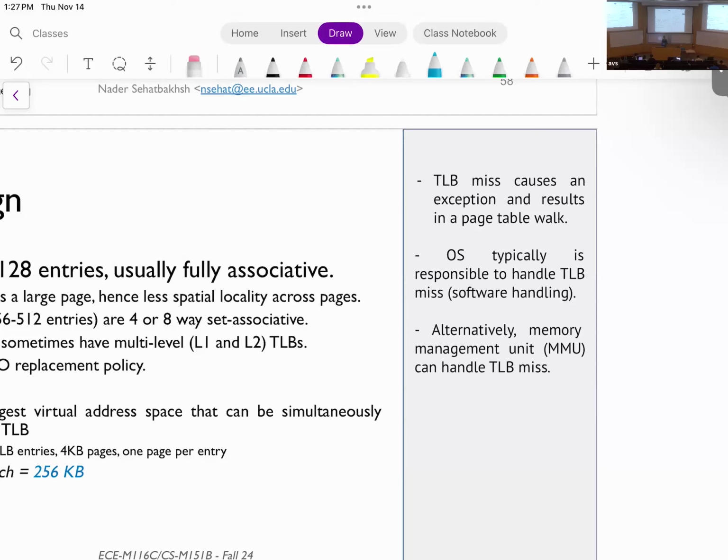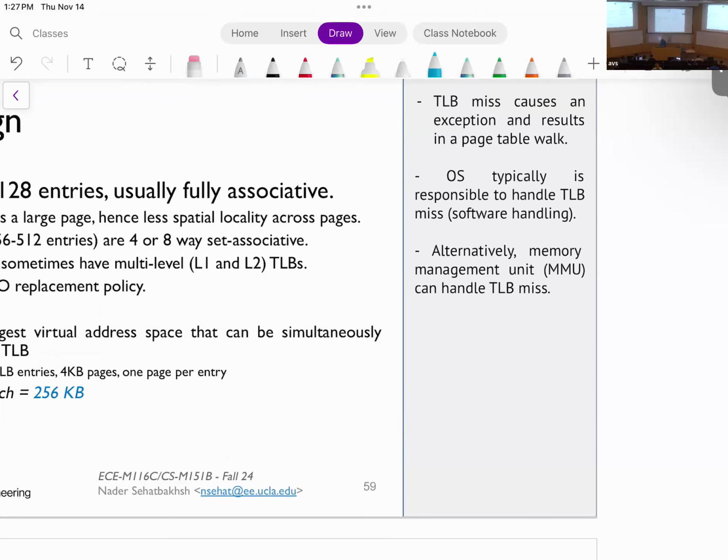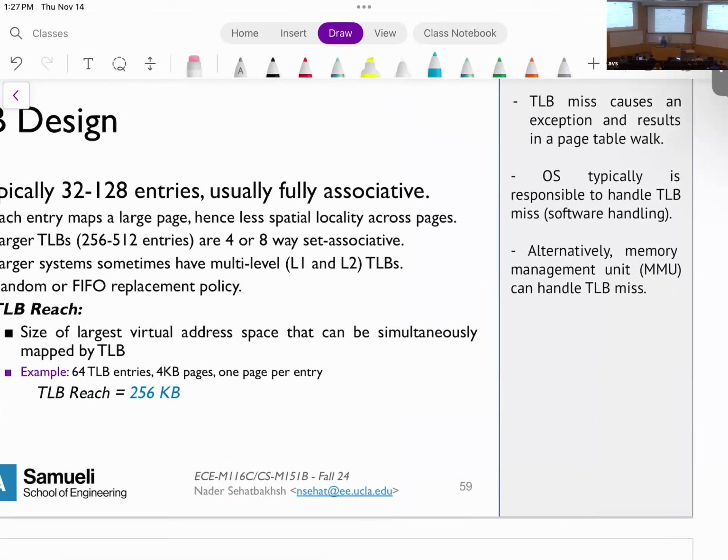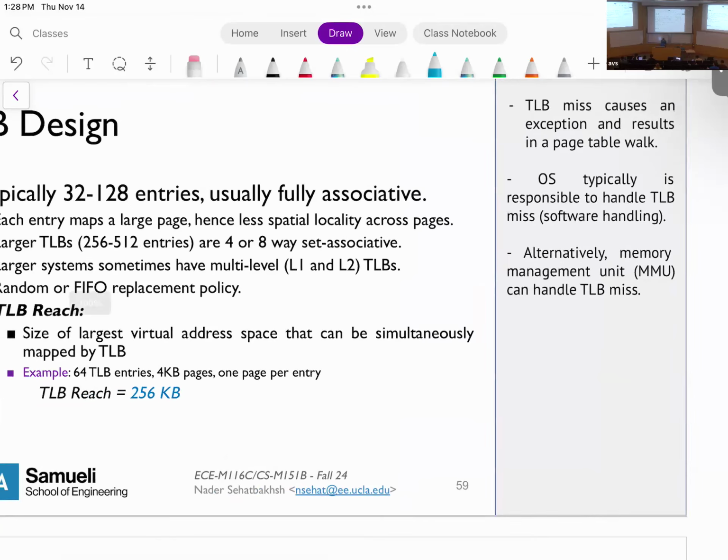Then we get the actual physical address and we can move on. So we service that exception and hand control back to the system. Alternatively, you can also implement everything in hardware. But since this is a slow process anyway, you would rather have your software handle this than your hardware.